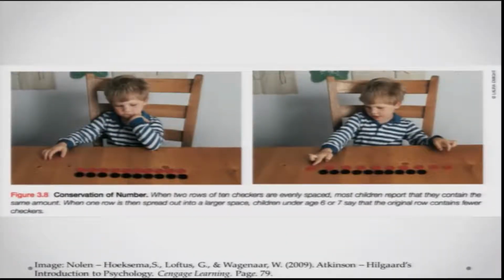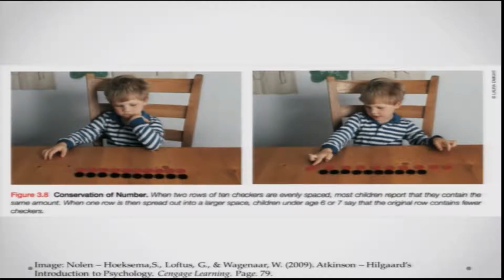Another example, again borrowed from Nolan Hoeksma's book. You can see, for example, 2 lines of these plastic coins there, and you ask the children which of the 2 lines has more coins. In the first instance, the child is confused because it is obviously the same number of coins and there are no structural differences.